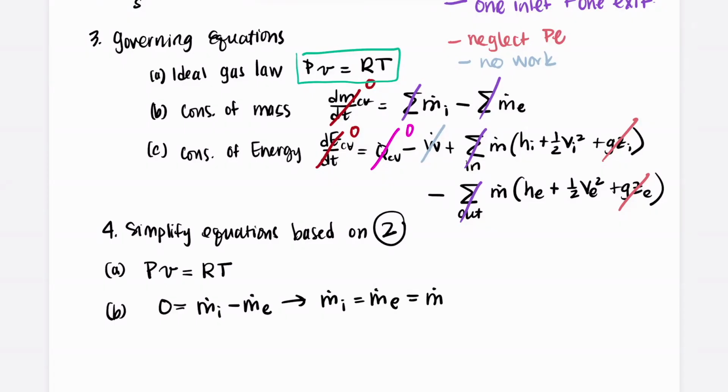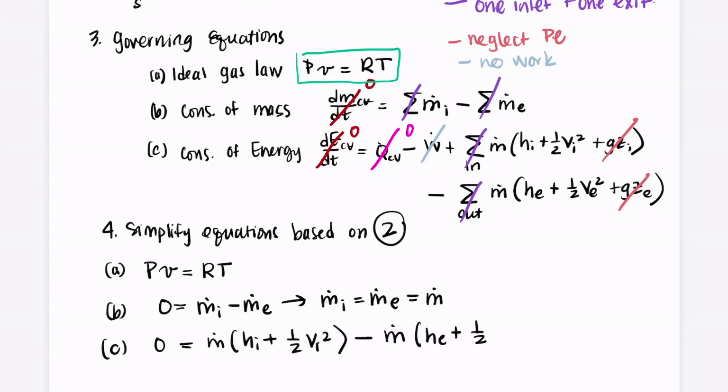It is the same. Conservation of energy is 0 equals m dot times (hi plus 1/2 vi squared) minus m dot times (he plus 1/2 ve squared).